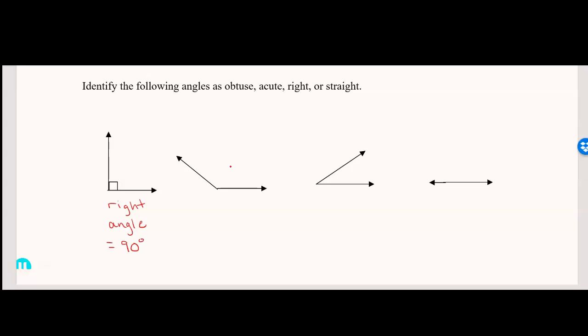The two rays are perpendicular to each other. This shows us an angle that is greater than 90, because notice it leans further. That is what we call obtuse. I'll put it's greater than 90 degrees.